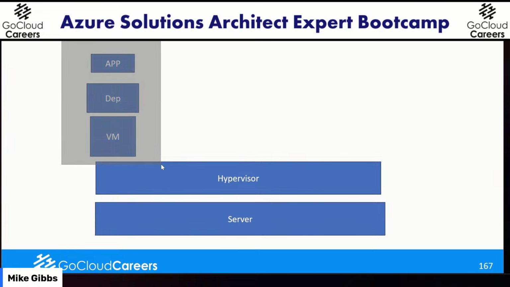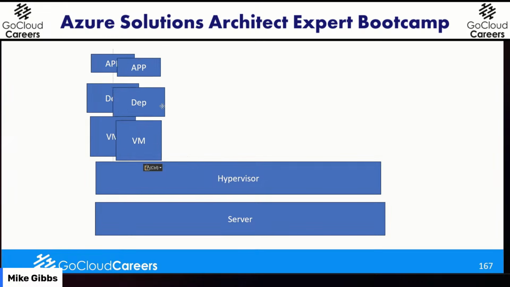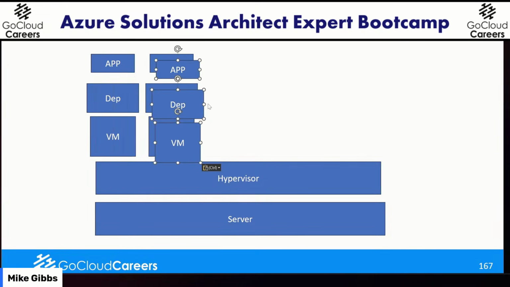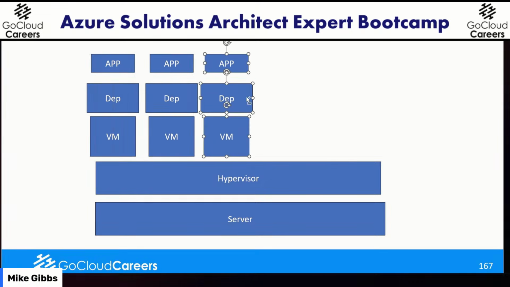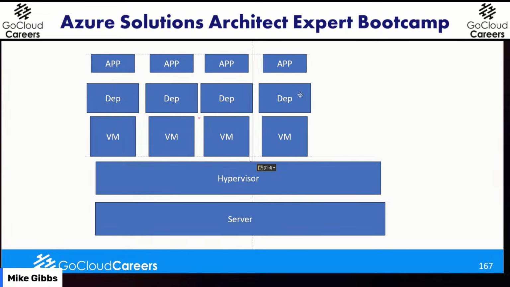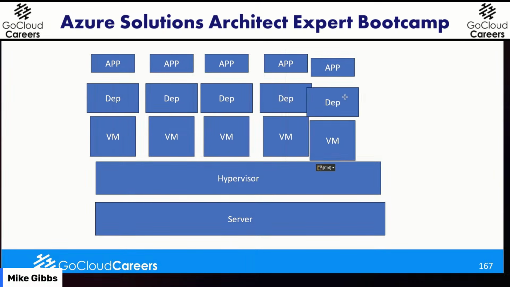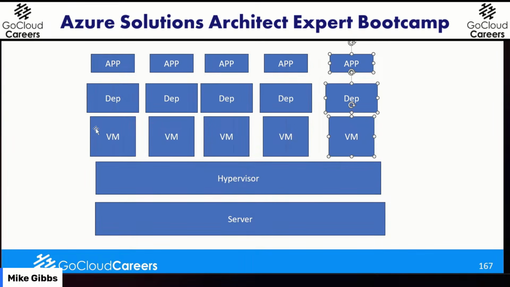Now, if you look at this, let's say we've got a whole bunch of these virtual machines running on the server. I want you to see where the efficiencies are versus the inefficiencies. Each virtual machine, what does it need to run? It needs an operating system. So each virtual machine needs an operating system.